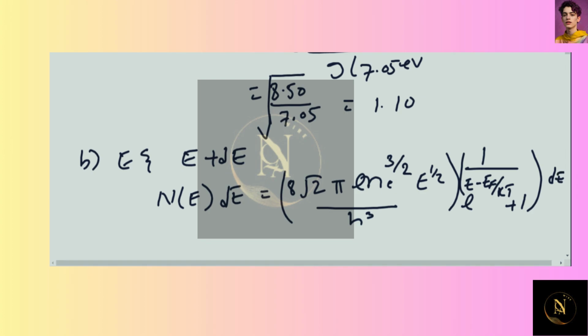Then we can let C be 8 square root of 2 pi mass of electron to the 3/2 divided by h cubed.